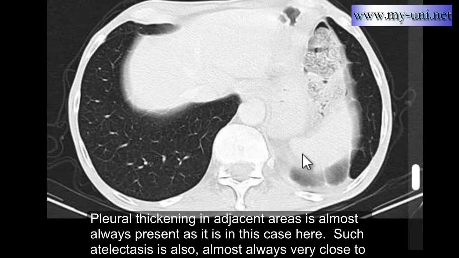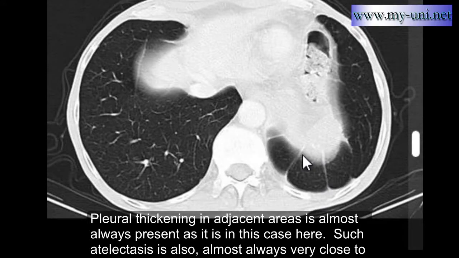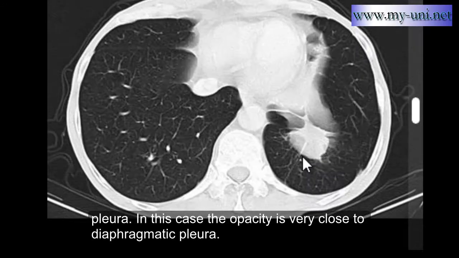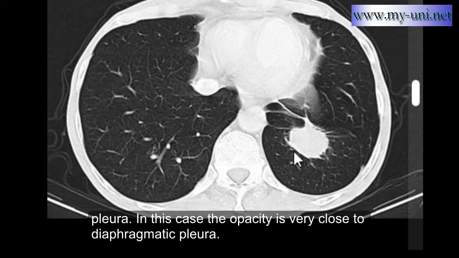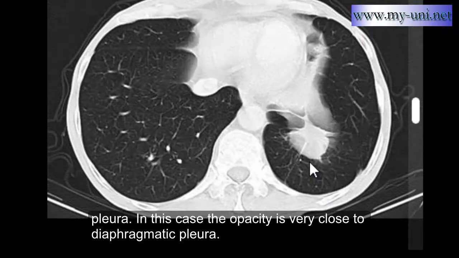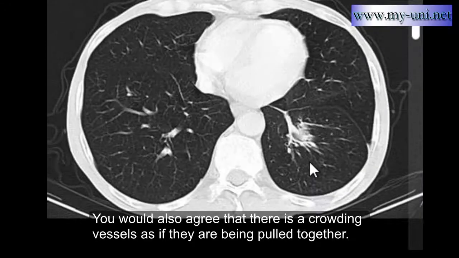Such atelectasis is almost always very close to pleura, and in this case it is very close to diaphragmatic pleura. You'll also agree that there is a crowding of vessels as if they're being pulled together.